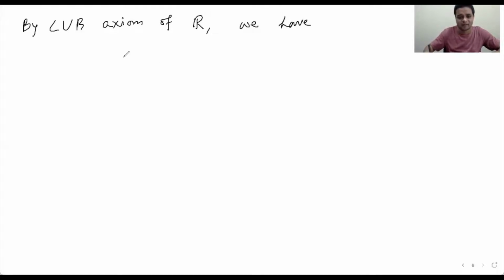So here we apply the least upper bound property, the LUB axiom of R. We have that A admits a least upper bound, and we denote the least upper bound by alpha.